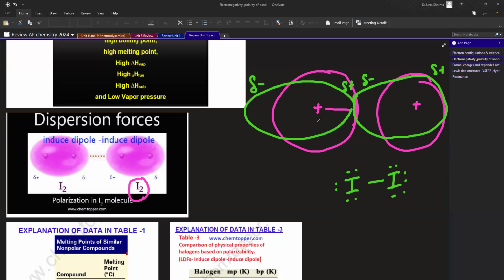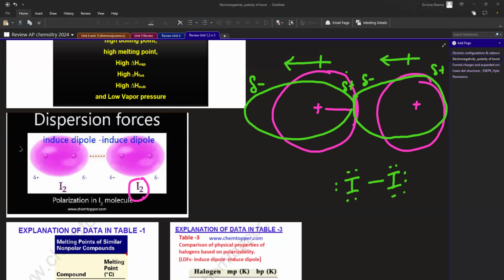But due to polarizability, the iodine molecule, which should be perfectly spherical, gets polarized. So there is an induced dipole, or temporary dipole. You can see the dipole here. This is very weak. So the attractive forces are weak and they fall in the category of London dispersion forces.